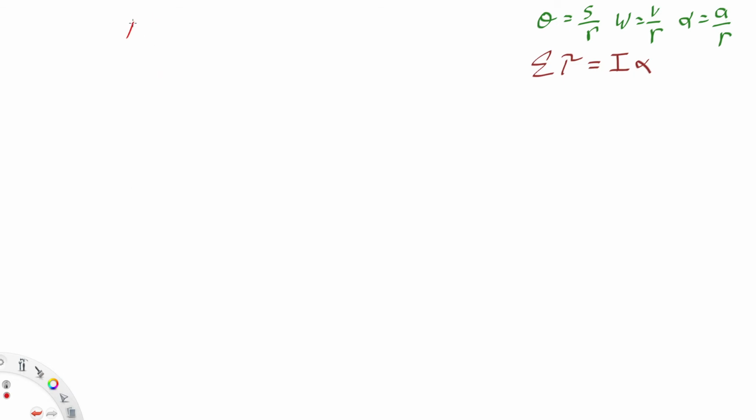Let's look at the energy, right? If we have an object undergoing circular motion, once again, we know that there's an energy associated with the speed of the object.